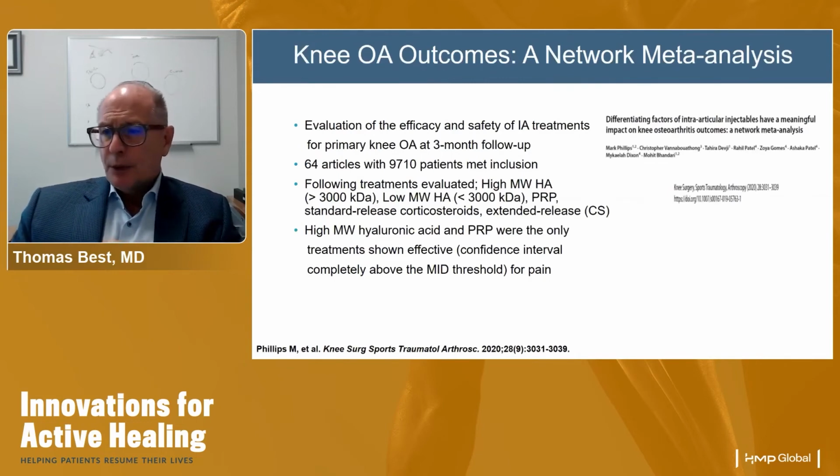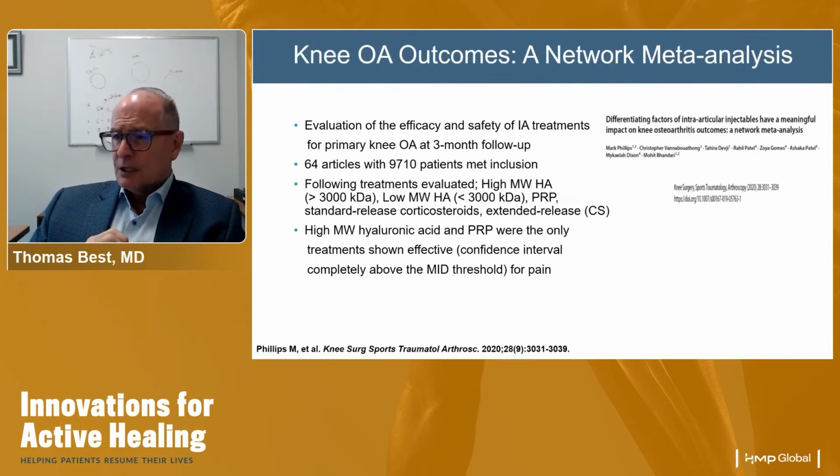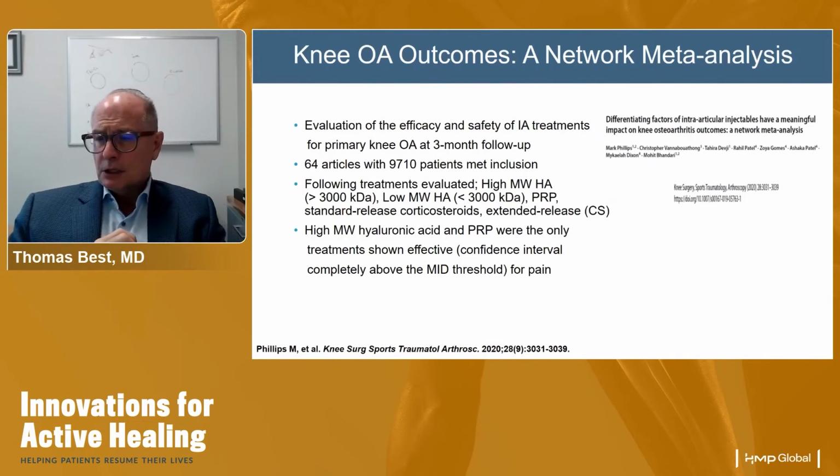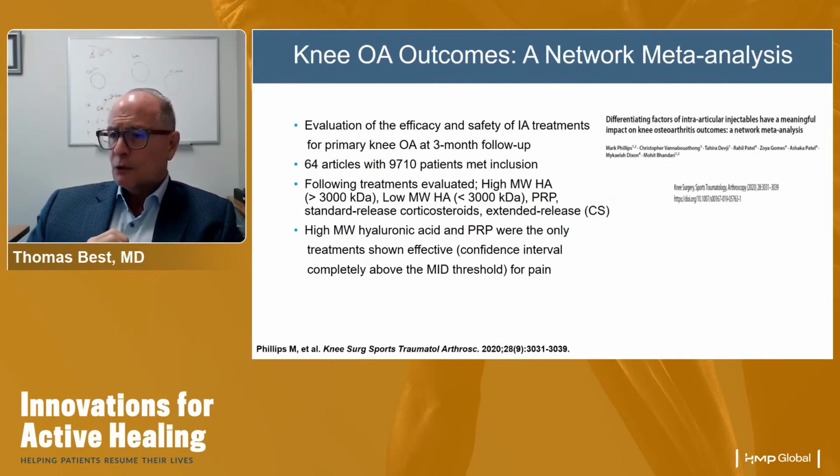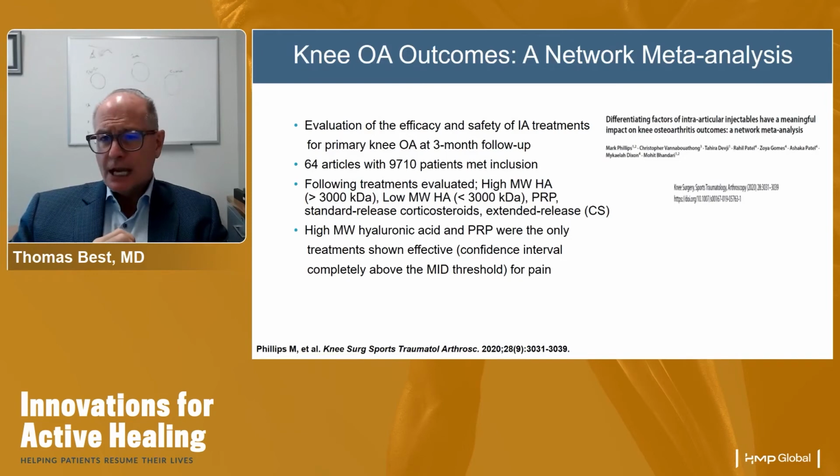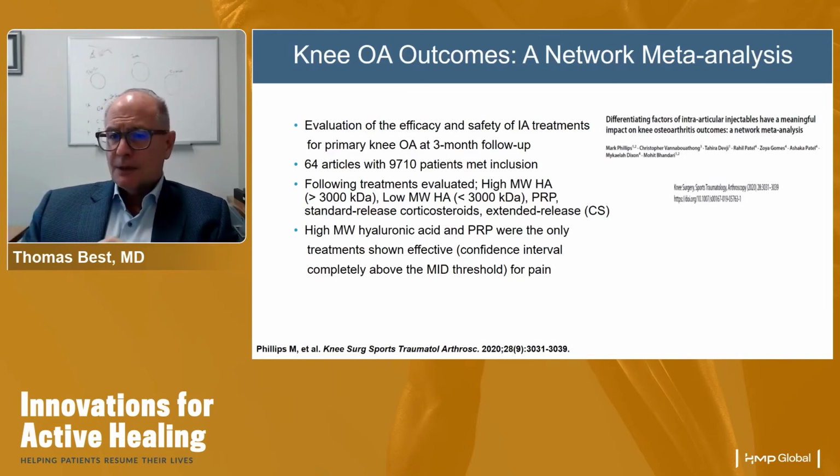So here's another paper that uses some fancy statistical work, if you will, using what's known as a network meta-analysis to really try to synthesize the literature looking at different kinds of treatment. This is a really nice paper that I would direct your attention to. And the important take-home message is that high molecular weight HA injections and PRP were really the only treatments that were consistently shown to reduce pain.